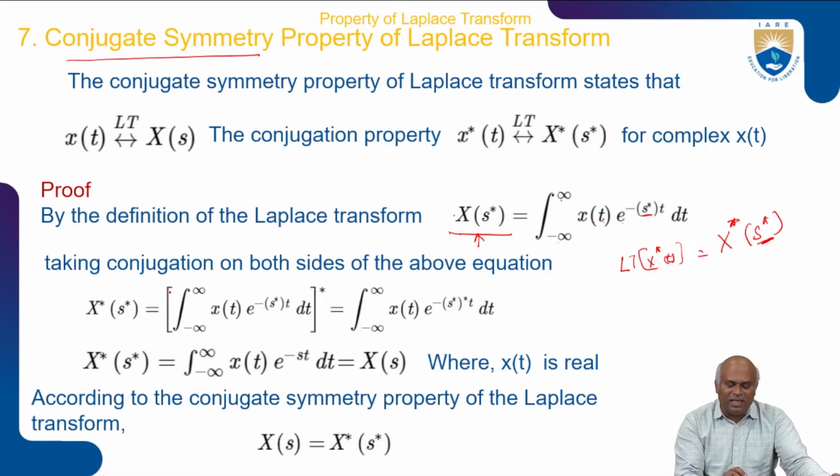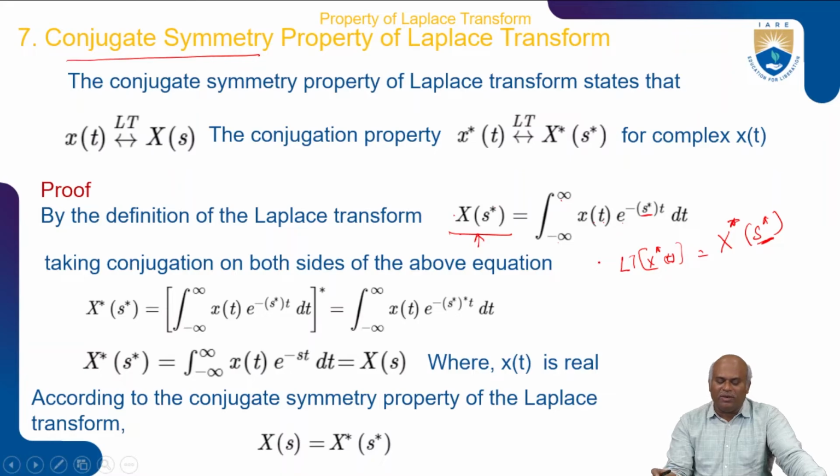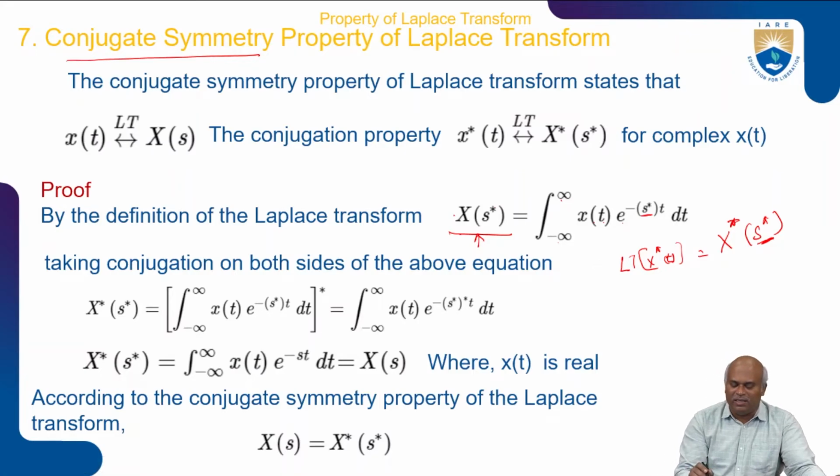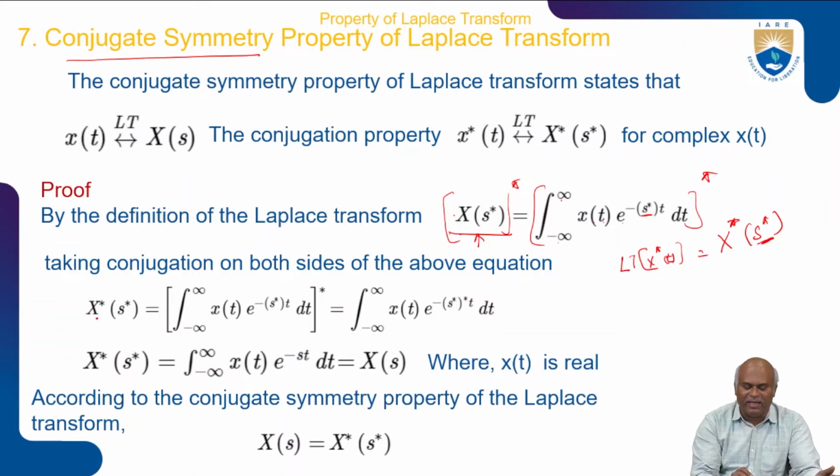Taking conjugate on both sides of the above equation, X*(s*) is equal to the integration from minus infinity to plus infinity of x(t) e^(-s* t) dt, whole star.